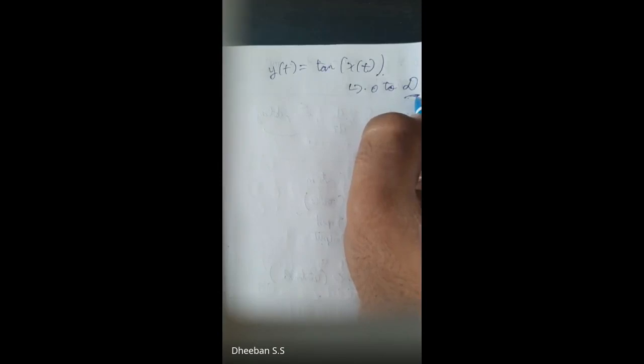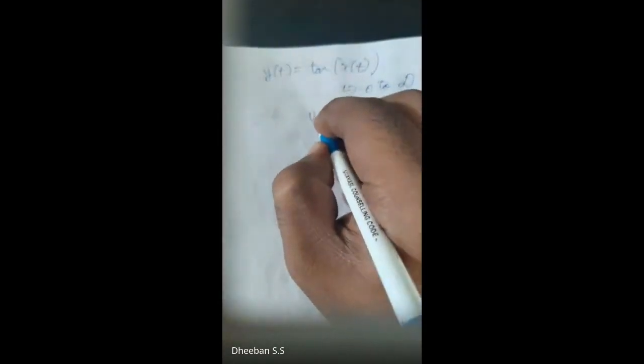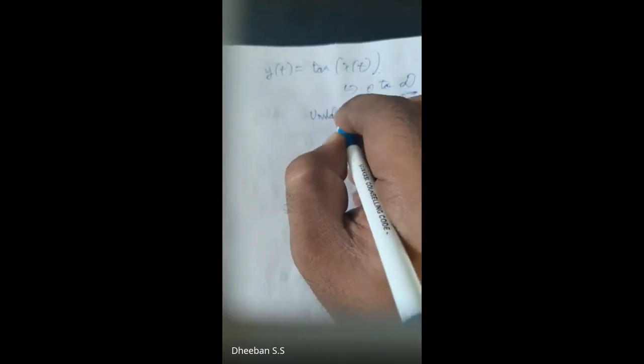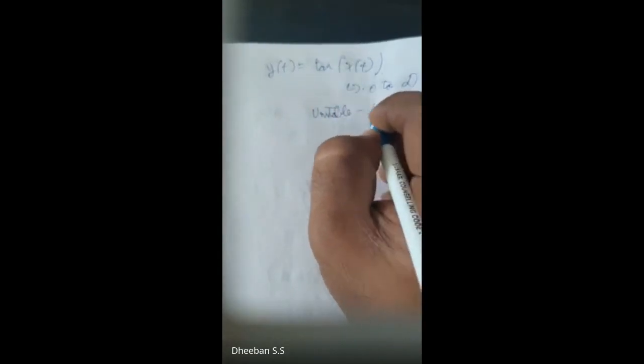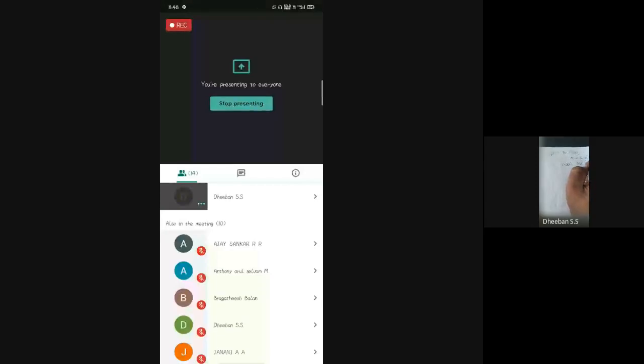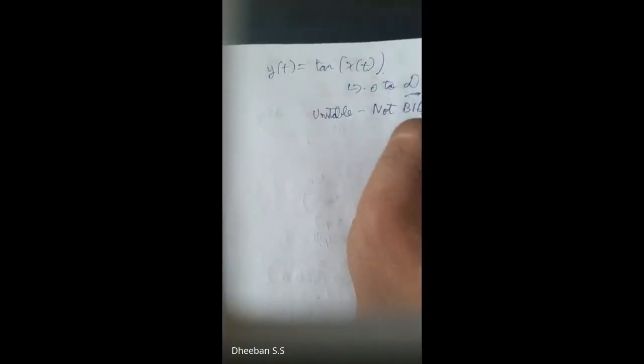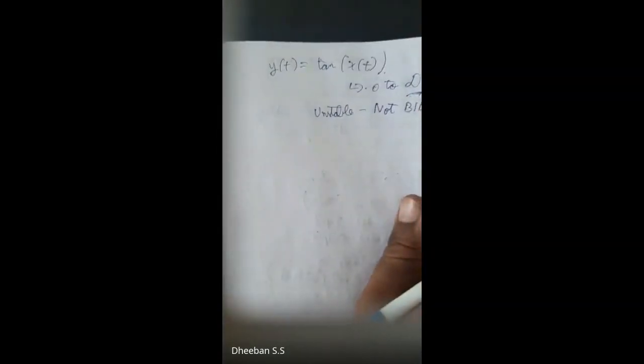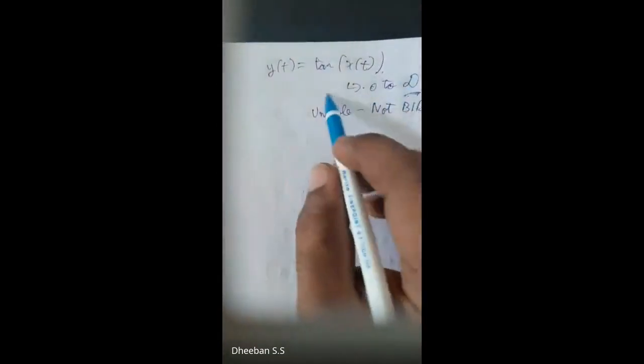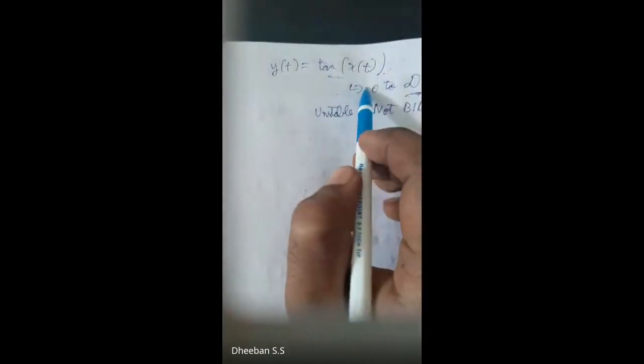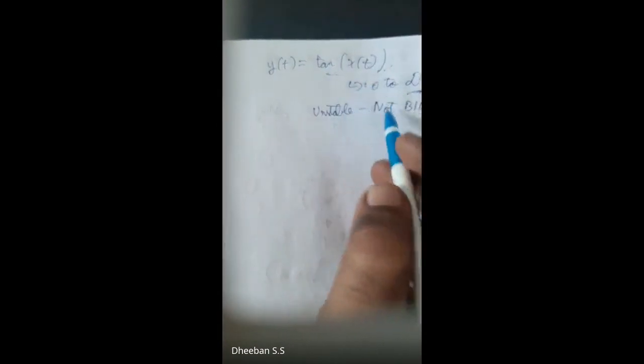So it will be an unstable system. Unstable means it is not a BIBO system. But you cannot say that all the trigonometric functions are not BIBO.